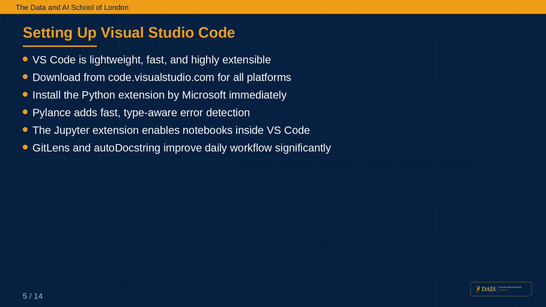The Jupyter extension lets you run notebooks directly inside VS Code without leaving your editor. GitLens surfaces Git history inline as you write code. Rainbow CSV color codes data files, and autoDocstring generates documentation templates automatically. Together, these extensions transform VS Code into a powerful AI engineering workspace.